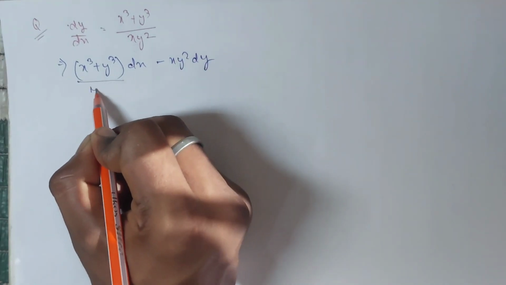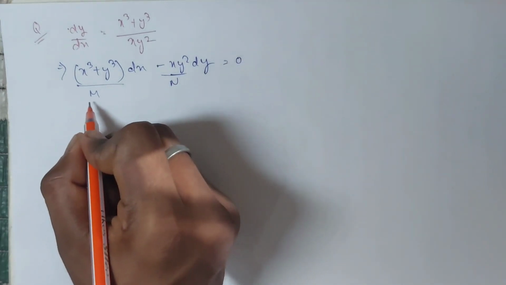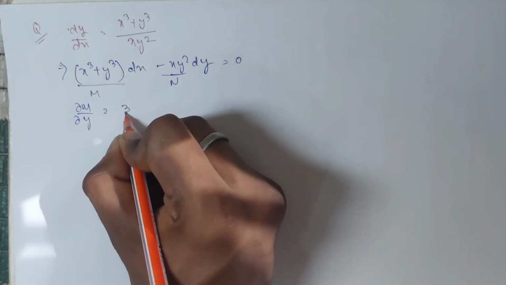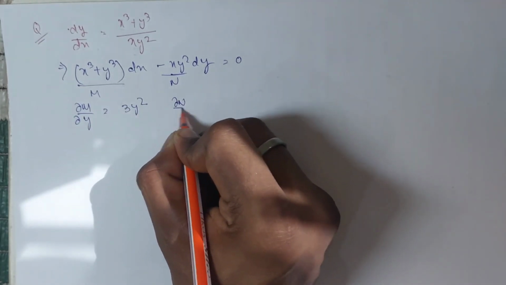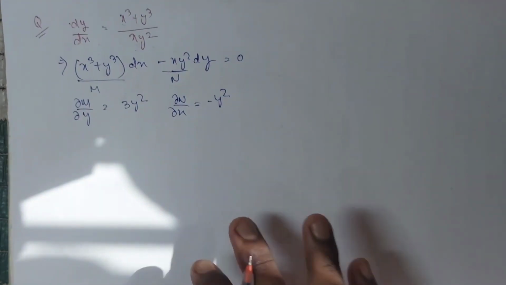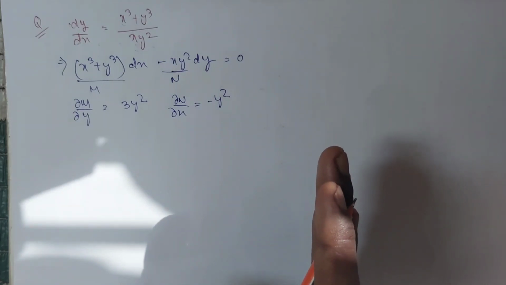Here this is our M part and this is our N part. If we check, del M by del y becomes 3y square, and del N by del x equals minus y square. So del M by del y is not equal to del N by del x, so this is not in exact differential equation form.